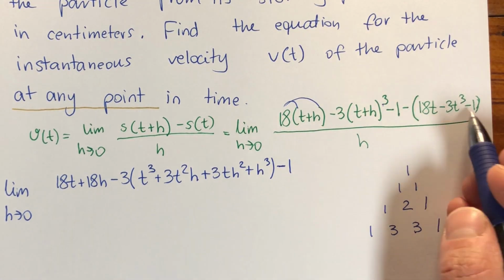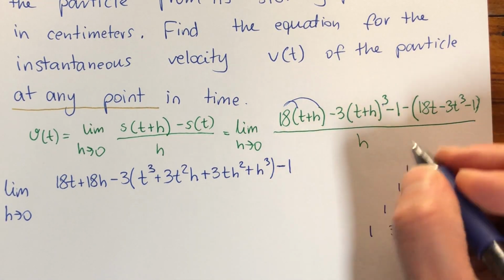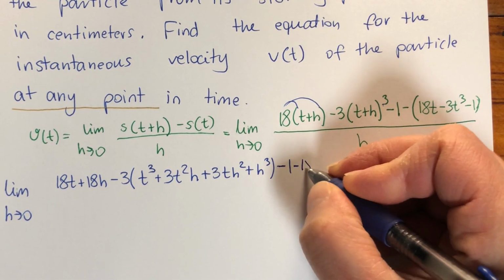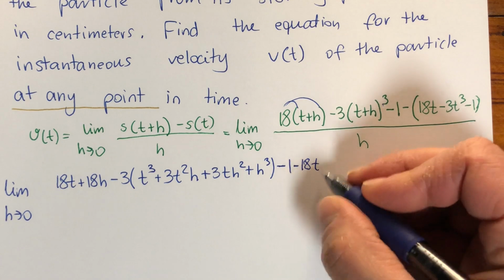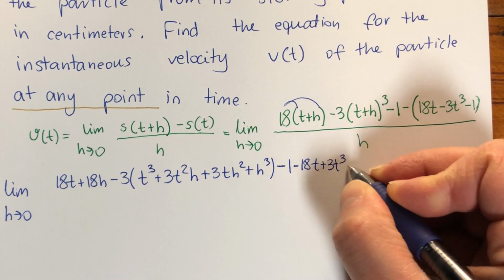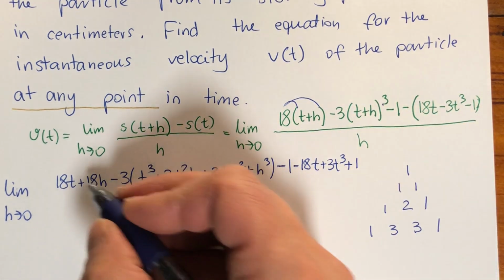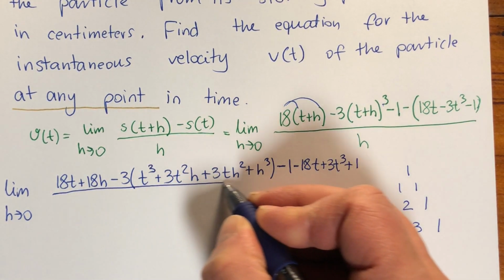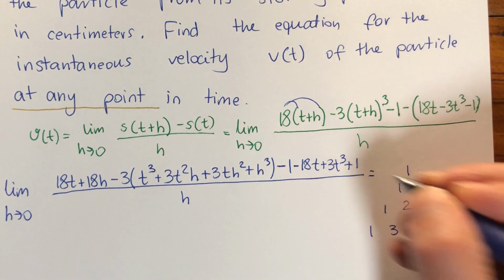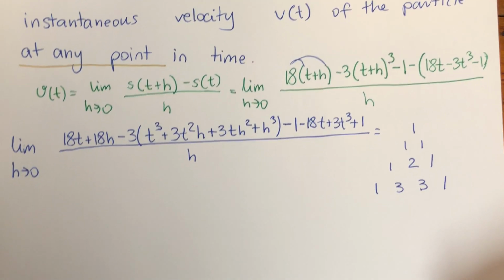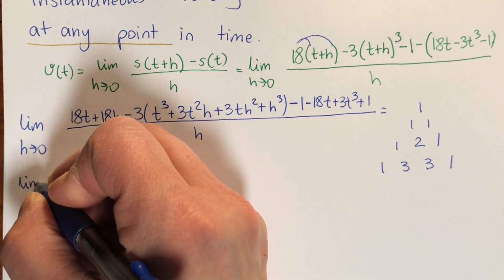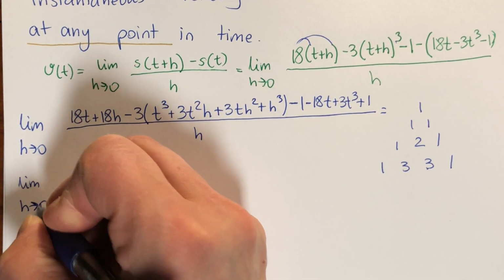And now I'm going to clean this up, make the signs as they're supposed to be, because I am distributing the negative. So minus 18t plus 3t to the third plus 1. This is very interesting and long, divided by h. And I really hope I won't make a mistake. Limit as h goes to 0.